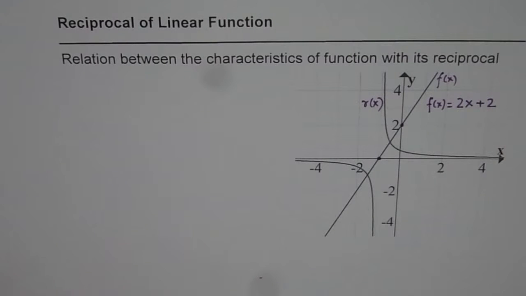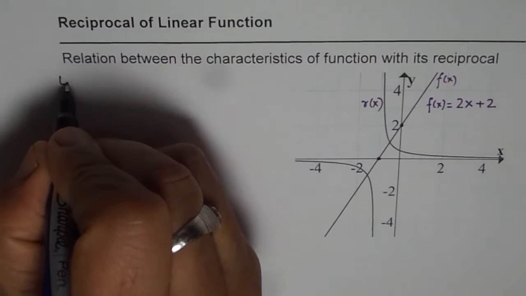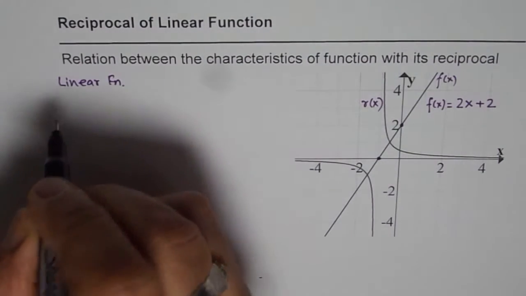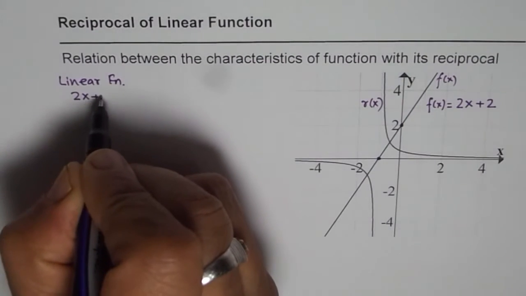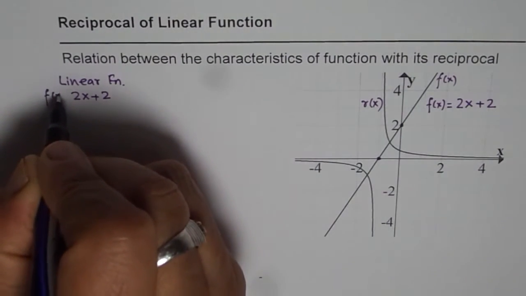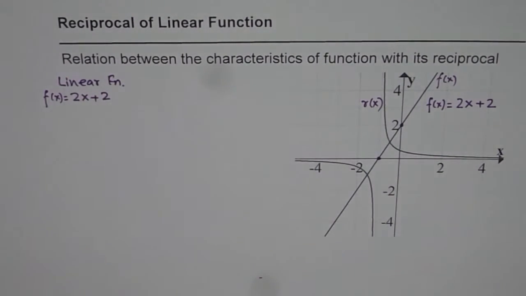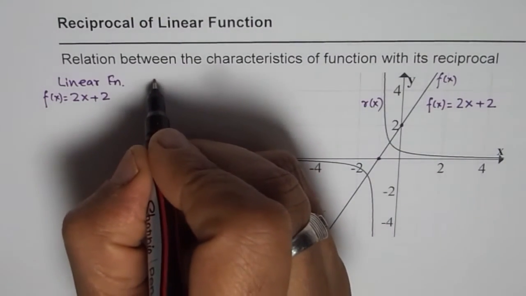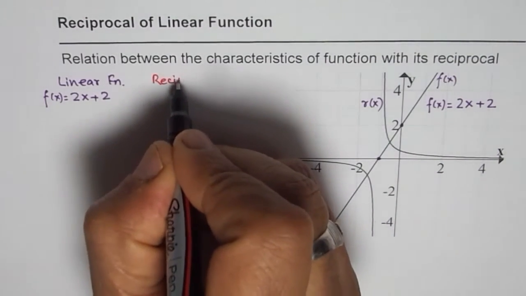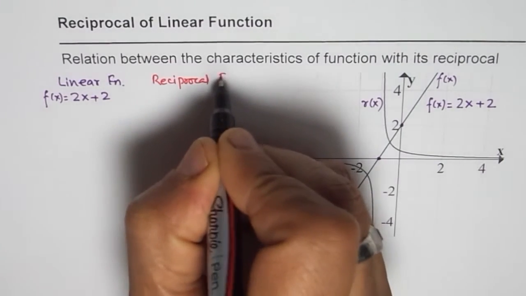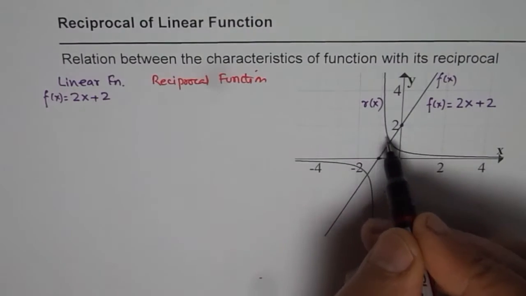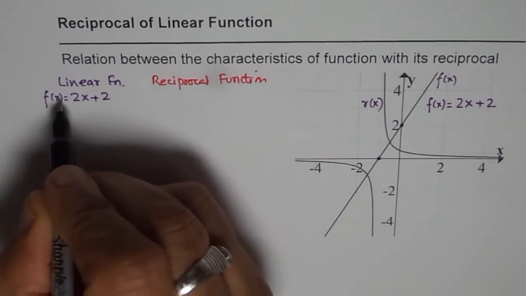So we are considering here a linear function, right, whose equation is 2x plus 2. We're calling it f of x. And the reciprocal function which we are dealing with is r function. We'll call it the reciprocal function. And the equation for this reciprocal function will be 1 over f of x.